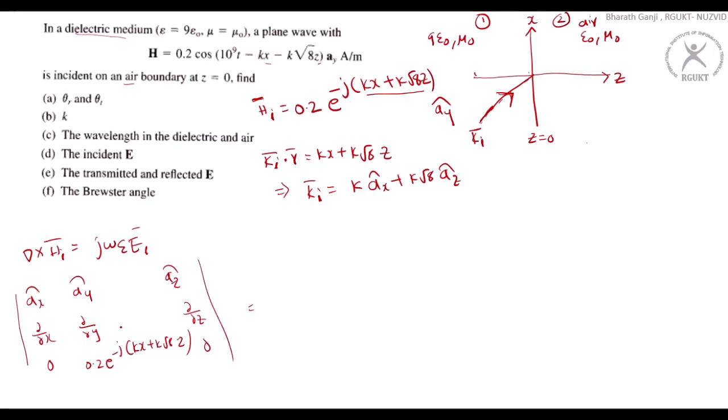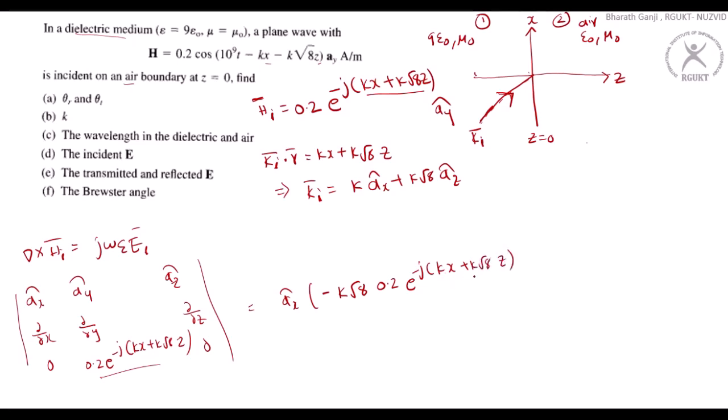The determinant is, I can see that I get ax times minus dou by dou z of the 0.2 factor. If you take a derivative of it, you get the z component, that is k root 8, so k root 8 into 0.2 into e power minus j (kx plus k root 8 z).